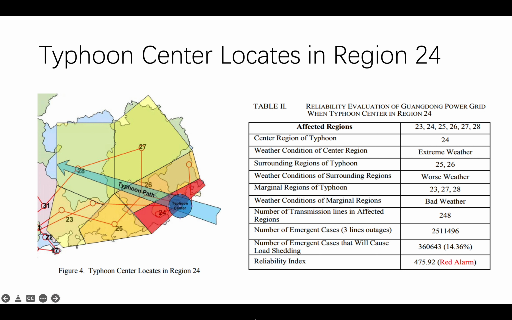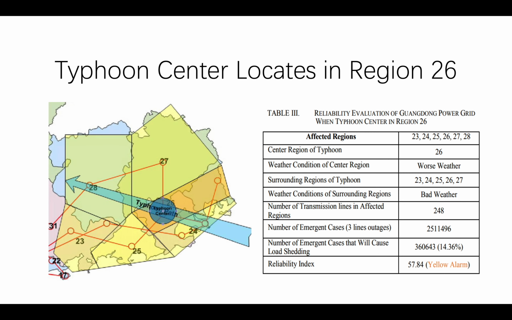We can see that the reliability index is 475.92, which is a red alarm. It's an extreme weather condition. Also, as the typhoon moves from region 24 to region 26, the reliability index decreases to 57.84, and it has changed into a yellow alarm.